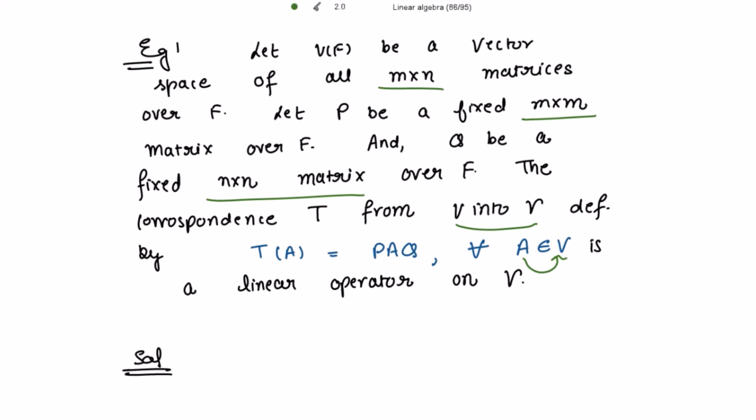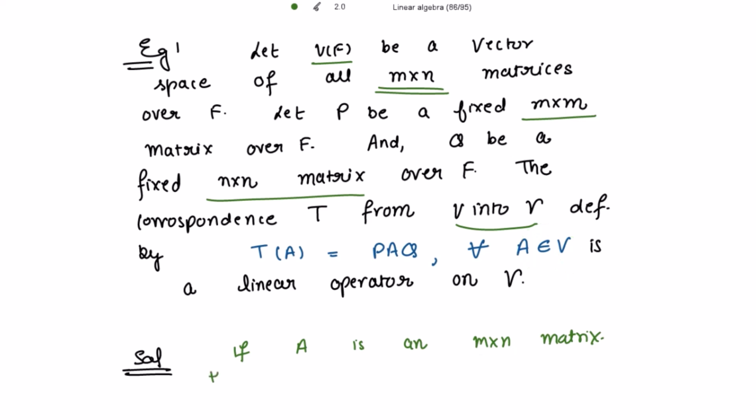For that, let's take A to be an m by n matrix, because it is given that V(F) is a vector space of all m by n matrices. Since A belongs to V, we have taken A to be an m by n matrix.